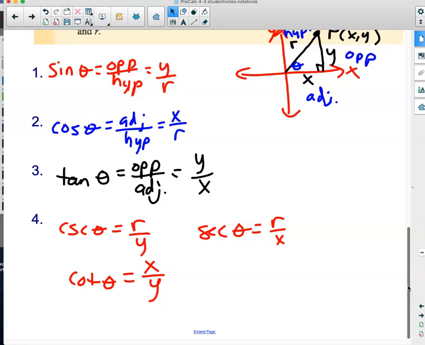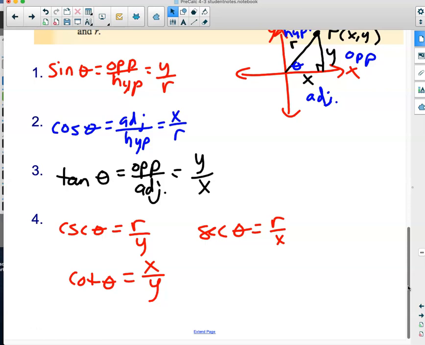Now, what we're going to cover today, you might not think that these are incredibly important, that knowing sine is y over r and cosine is x over r and tangent is y over x. But these are really, really important when we start talking about the quadrantal angles.